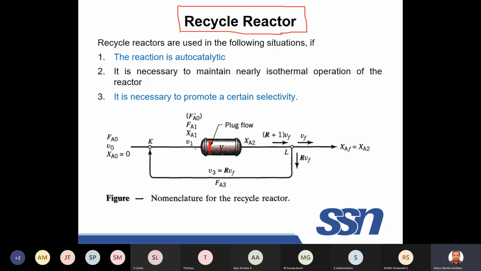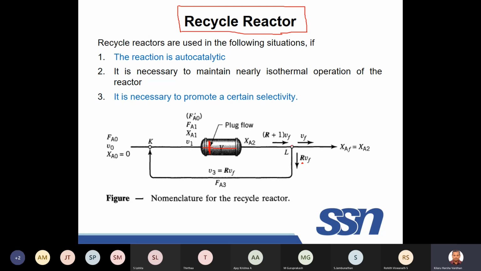The plug flow reactor has an inlet and outlet. From the outlet, some of the stream, which is the converted product, will be taken out. That stream, let it be R, is the fraction called the recycle fraction. We'll see what that is.